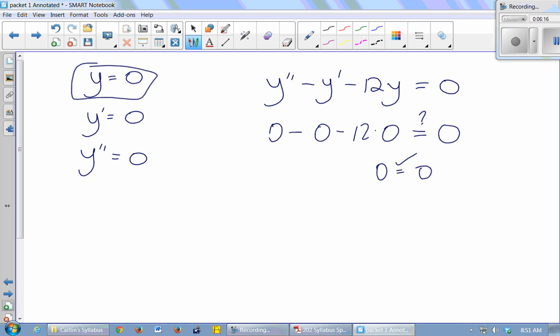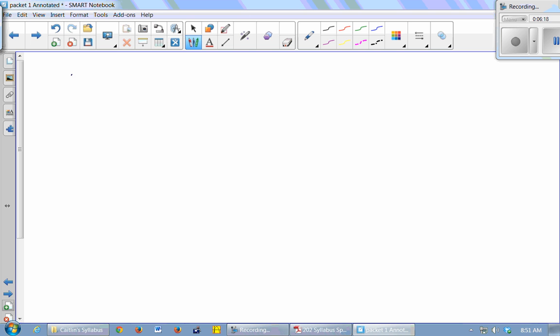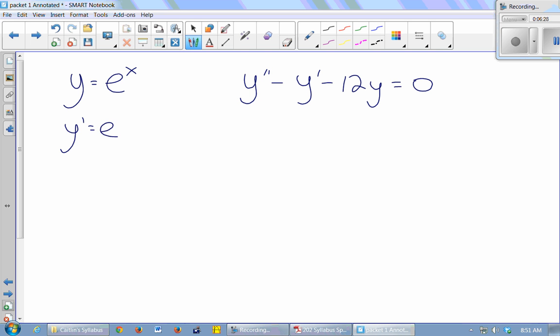What about e to the x? That's a good guess. So y prime is e to the x, and y double prime is e to the x. So I have e to the x minus e to the x minus 12 e to the x. Does that equal 0?